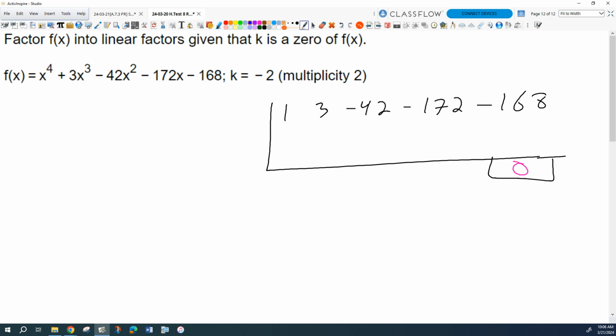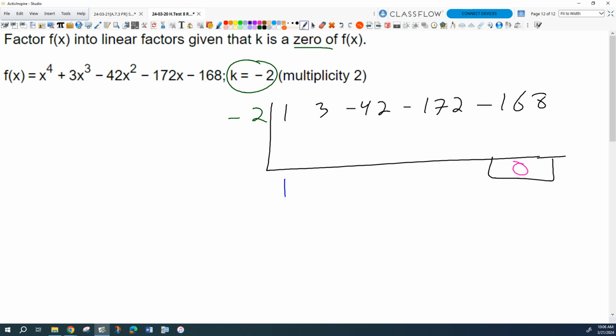We know that k equals -2. So what goes out front? -2. Because that's a 0. What goes out front is the 0. And what do we get?